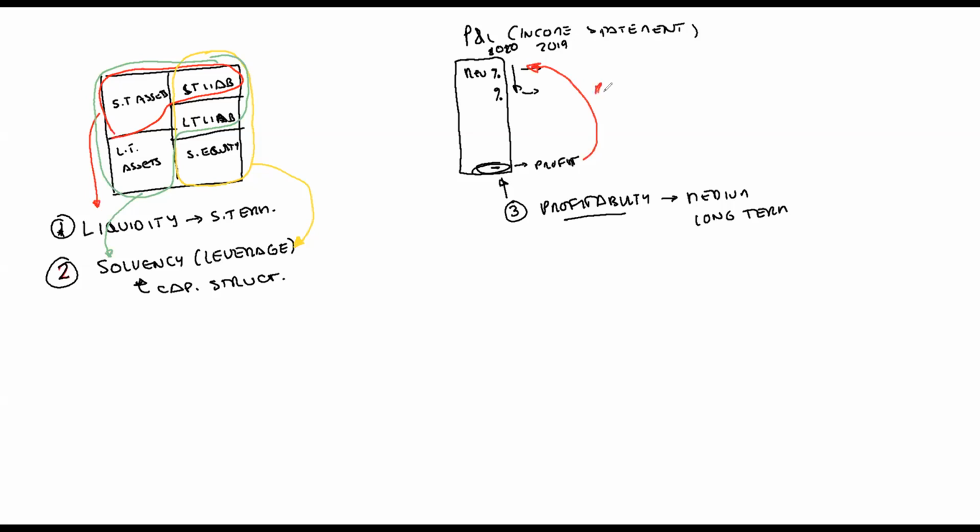This is my return on sales. So what percentage of my sales comes to my pocket? That's the idea. Make sense to you? So you obviously want this number to be the largest possible.